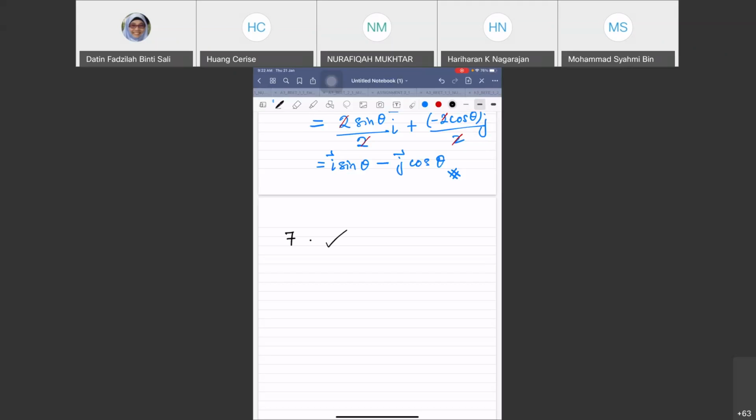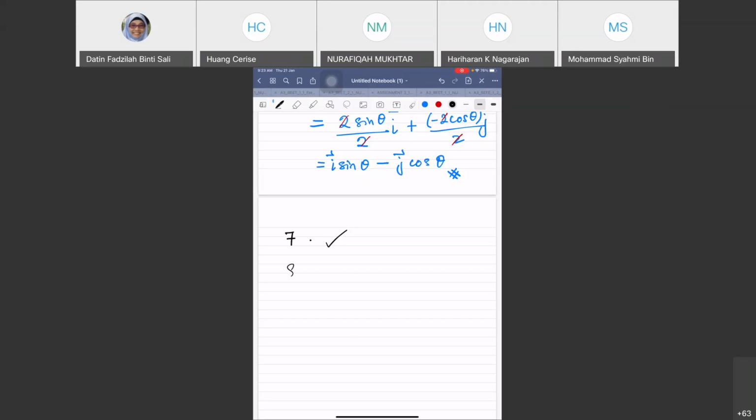Either it's a sum of 2 vectors, or for B, you find the magnitude for each of P and Q first, then only you add. C is also similar: you find the vector minus 3P and then find its magnitude, and then separately find your magnitude for Q, then multiply by 5, then you add. So this one is also straightforward. You just need to do it step by step accordingly.